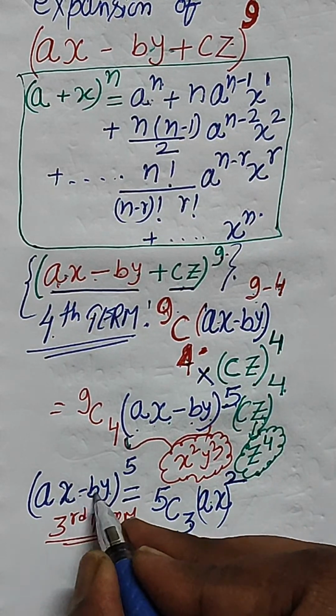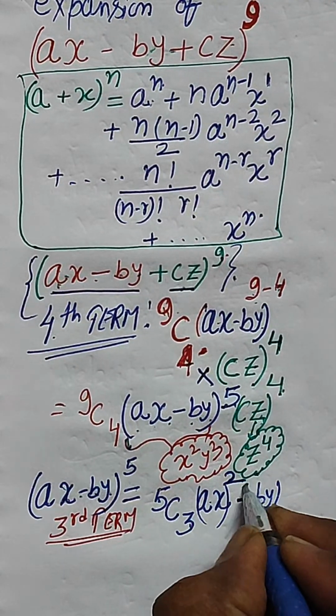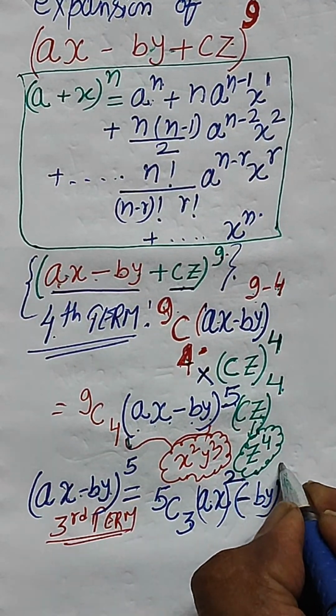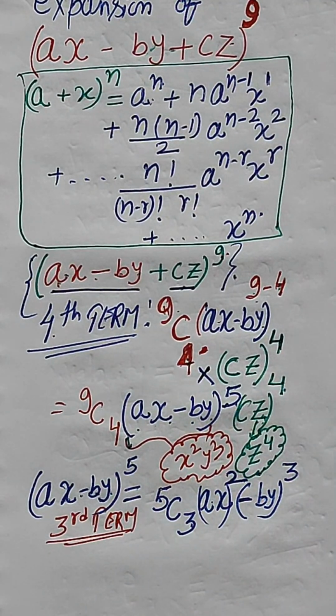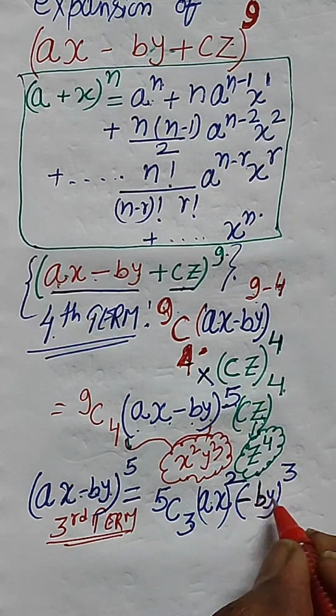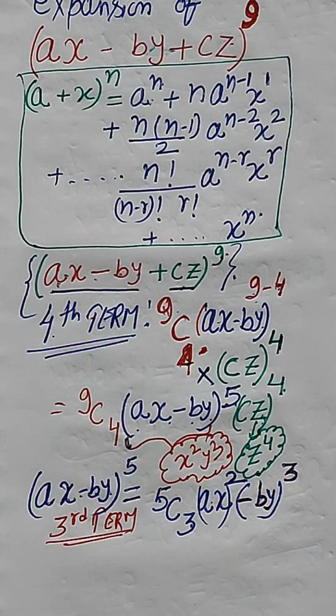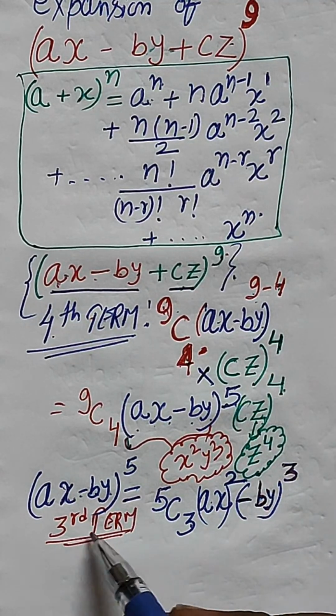Instead it's minus by, so take minus by as the second term, power 3. Why have we taken the third term?